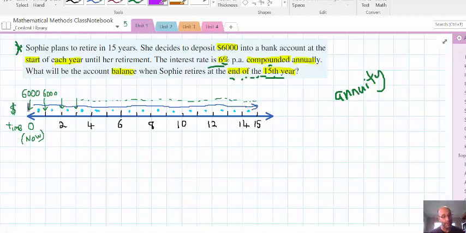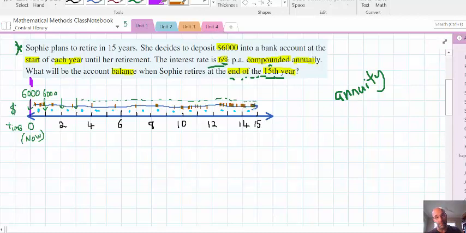Before we look at a formula for this, we can see what's going on. If we start right now, what Sophie does immediately is put $6,000 in. That $6,000 then goes on a little journey, and you can see the blue line with the little brown dots on it now, and that's its journey.